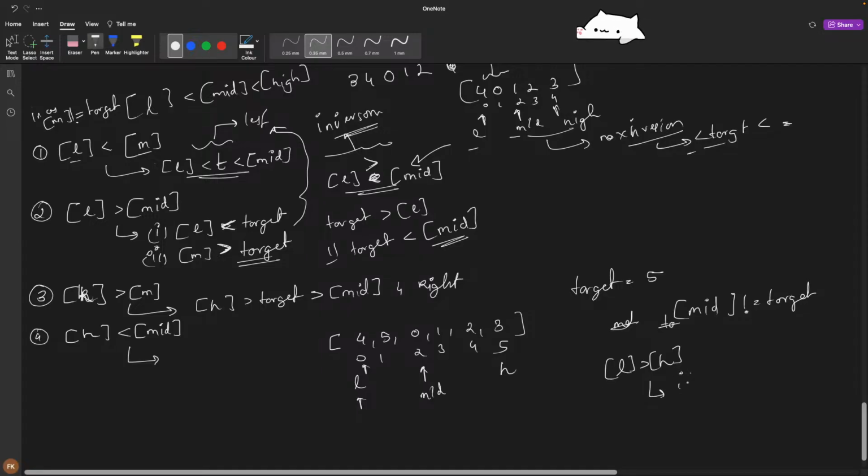Then if target is greater than L, choose left. Because if it is greater than L it would be here only, we cannot be there.